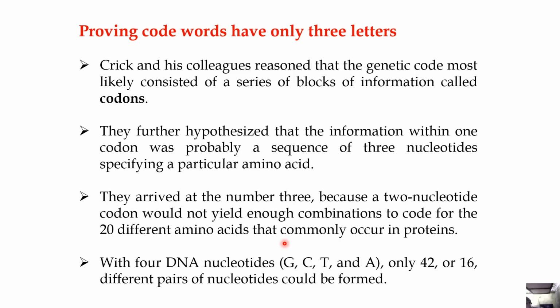They further hypothesized that the information within one codon was probably a sequence of three nucleotides specifying a particular amino acid. They chose the number three because two nucleotides would not yield enough combinations to code for the 20 different amino acids commonly found in proteins. With four DNA bases, G, T, A, and C, only 4 squared, or 16, different pairs of nucleotides could be found.